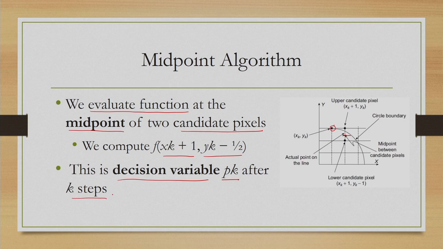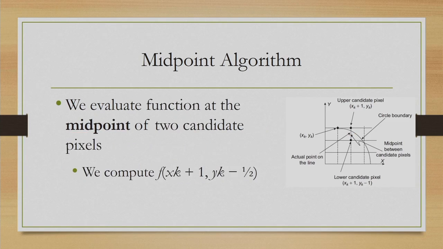So, let us try to see what this variable looks like. So, essentially we compute this function at the point xk plus 1 yk minus half, which is the midpoint between the two candidate pixels, and y half because this is the unit distance. So, half or the midpoint will be half of this unit distance.